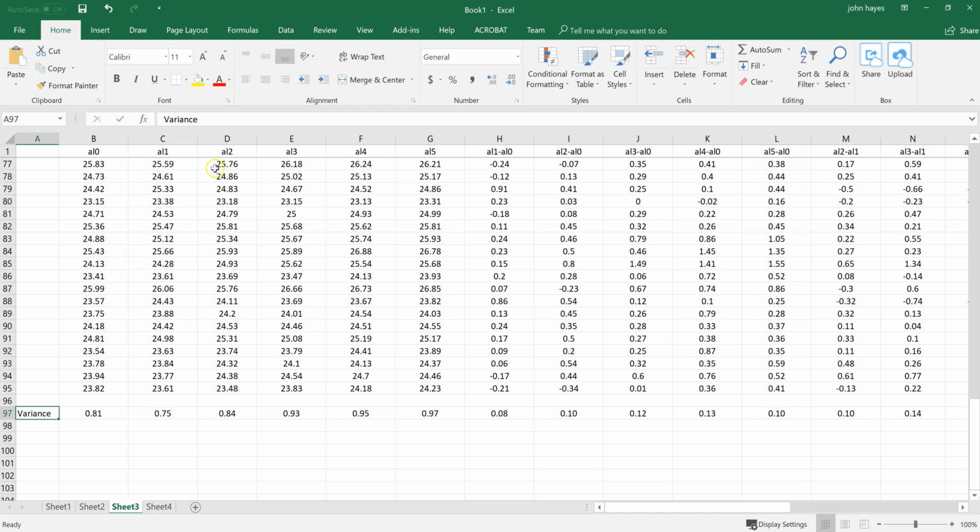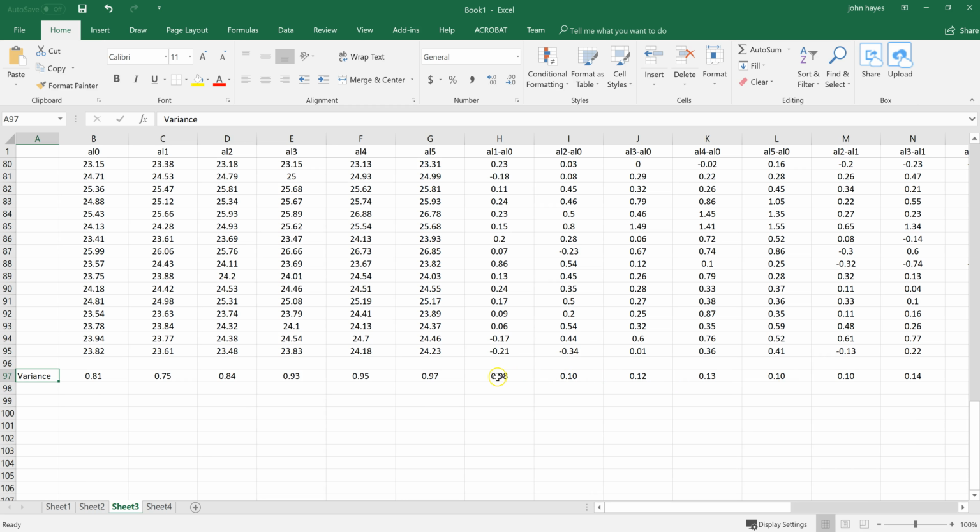We look at the difference between all the values of AL1 minus AL0, AL2 minus AL0. We go down and calculate all the differences for all our groups, for all our subjects, and then we calculate the variance of that, 0.08. The idea is that all of these variances are equal. If they're all equal, then our sphericity correction is correct.